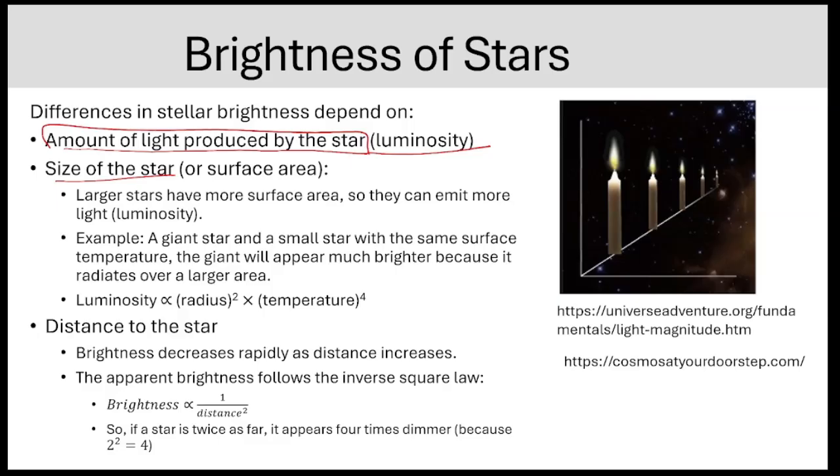Larger stars have more surface area to emit light, or in other words, larger stars have higher luminosity, and we can see the relation. The luminosity is proportional to the square of the radius and the fourth power of temperature.